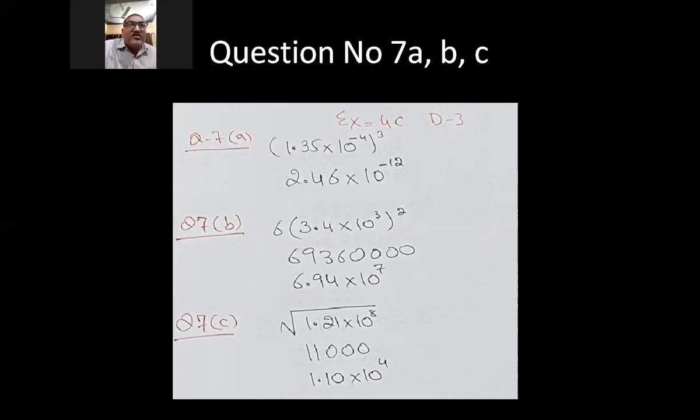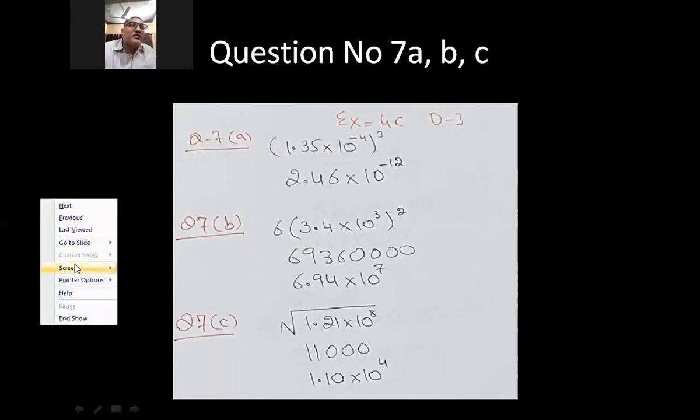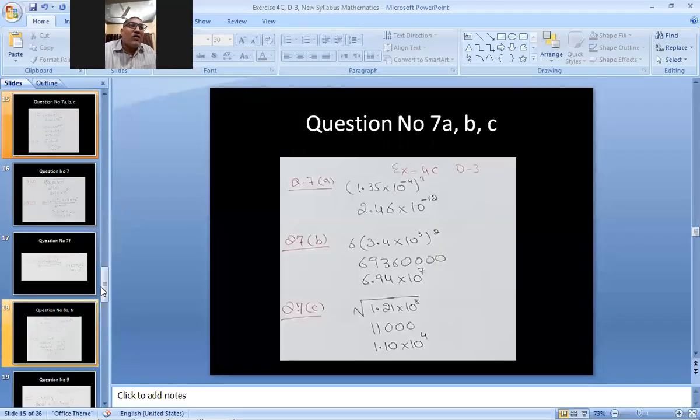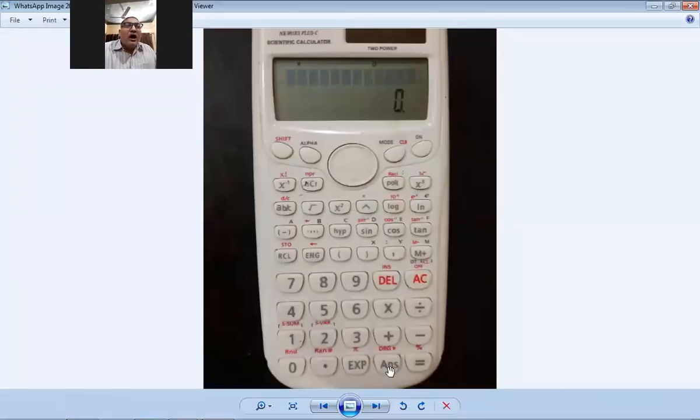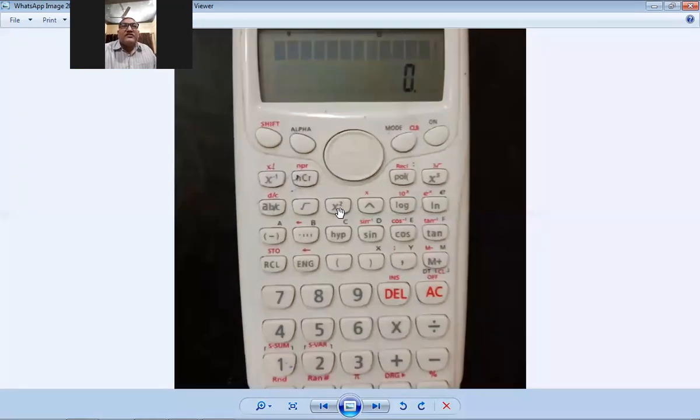You will write 6 bracket start 3.4 x power 3 bracket close, square, equals. If you want to see where the square button is, I can show you. Here we have the square button. This button is the square button.